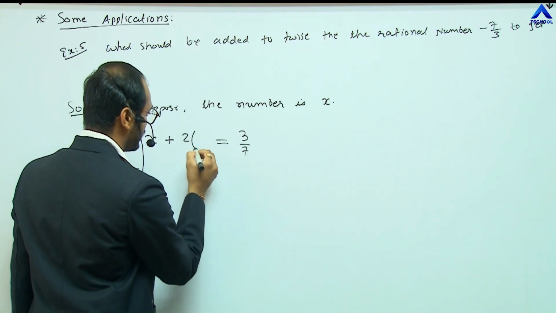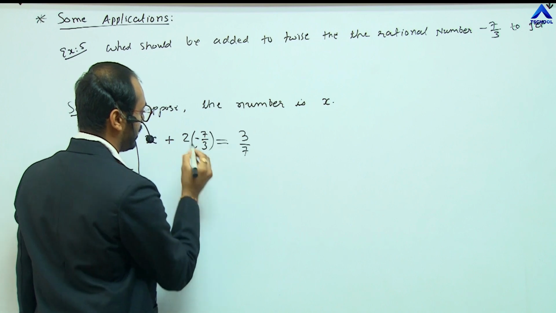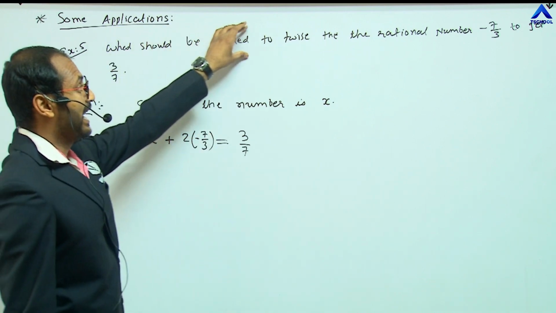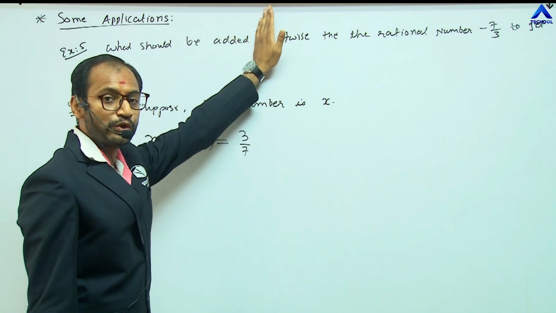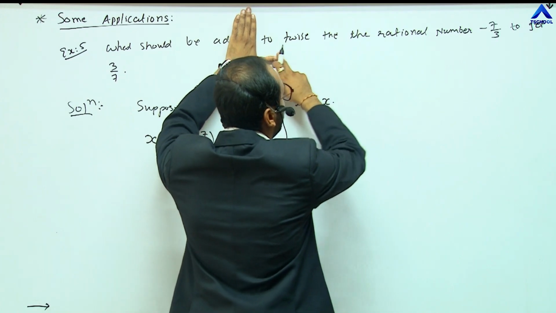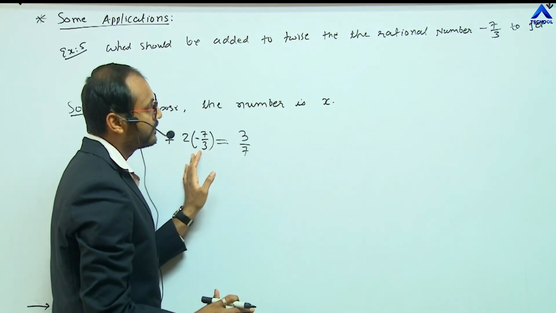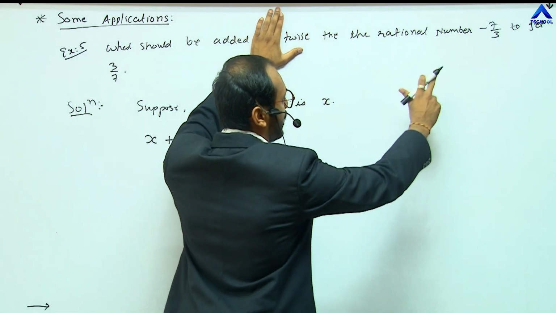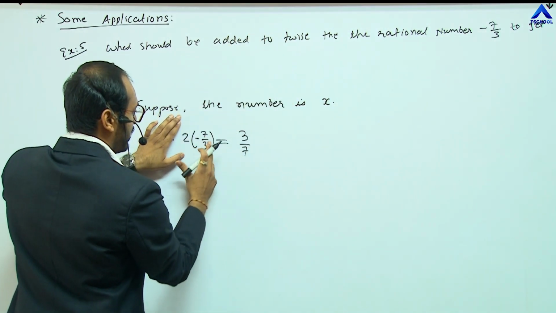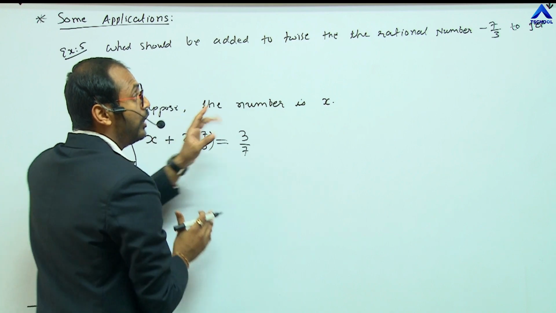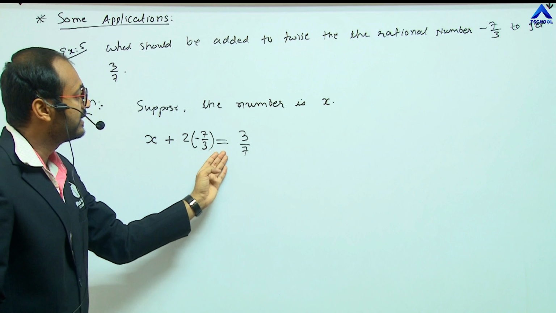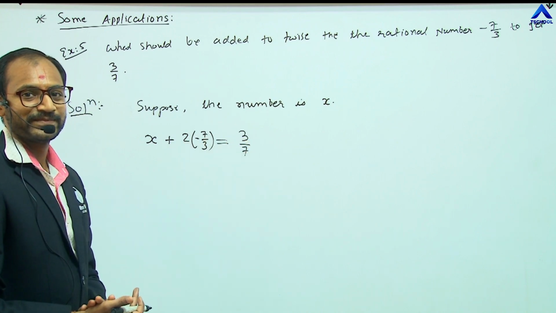What should be added? x. Now listen, x is added to twice the given number minus 7 upon 3 to get 3 by 7. To get means the result is 3 upon 7.